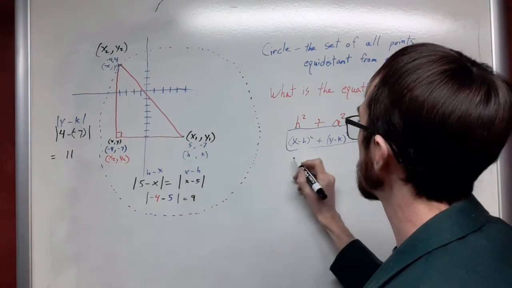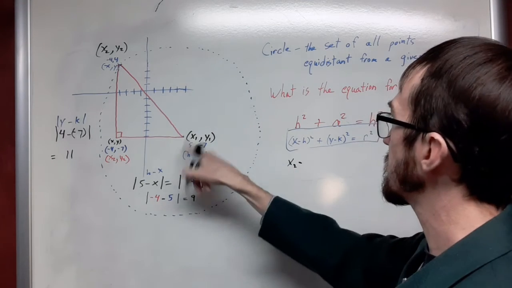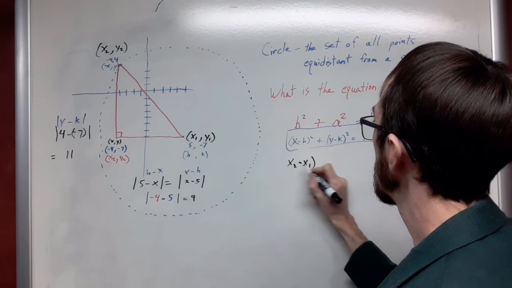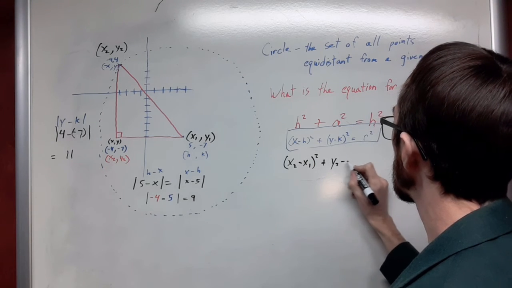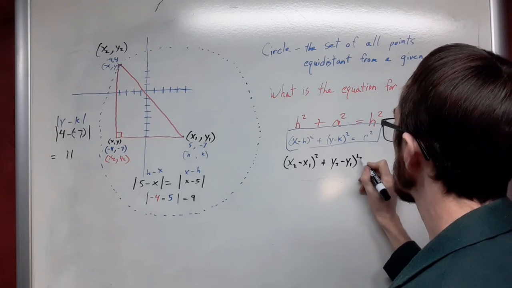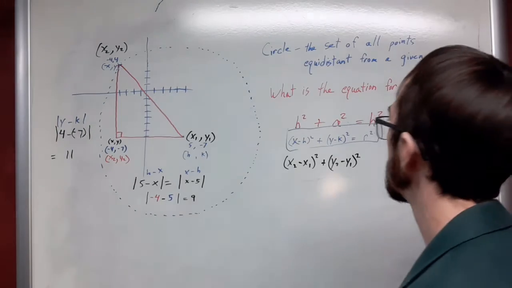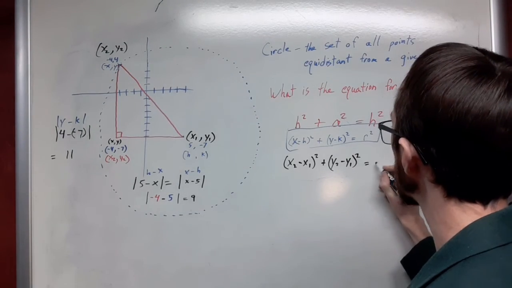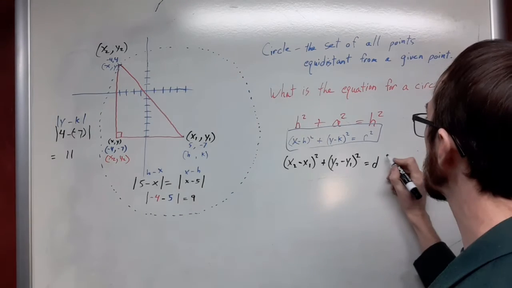So this is x sub 2 minus x sub 1, the former h value, squared, plus y sub 2 minus y sub 1 squared. Again, we are used to that kind of notation from Algebra 1. This is all going to be equal to the distance between these 2 points squared.